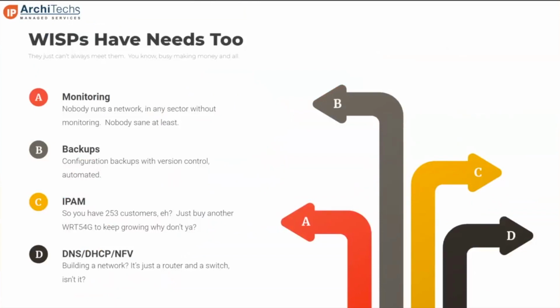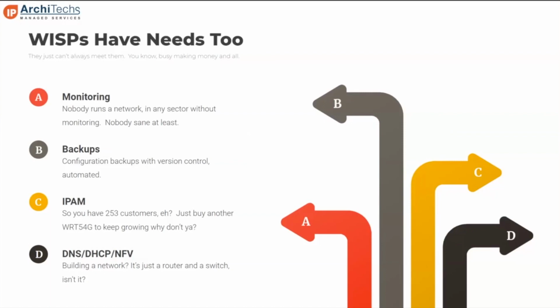So monitoring, for example, backups, IPAM, just normal maintenance and management and best practices for a lot of the supporting systems of the ISP, more or less get ignored, or there's no real way to meet those needs as an organization.